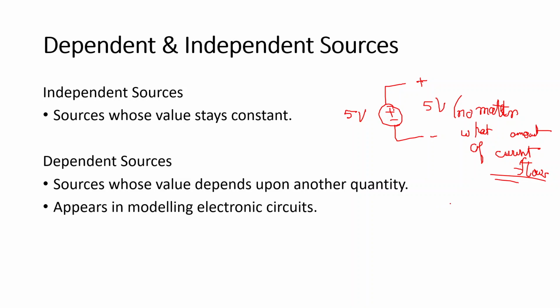Similarly, if we have an independent current source, say here 5 ampere, then 5 ampere will flow through the conductors, but the voltage across the current source V can be anything.